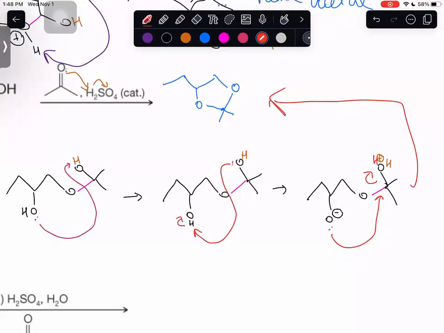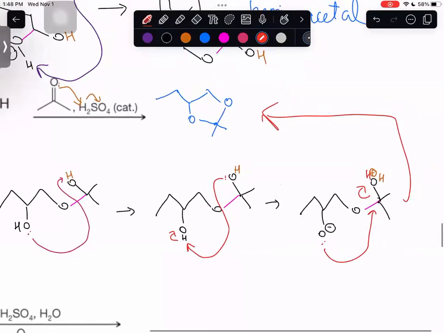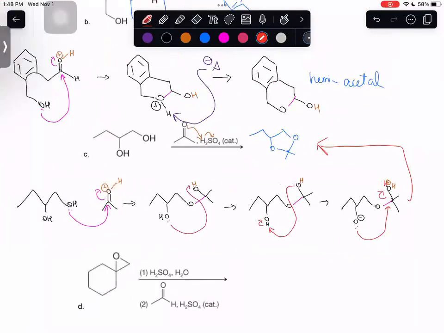I'll be starting the answer key. Say that again, one more time. Oxygen in that ketone, and then just connect it.